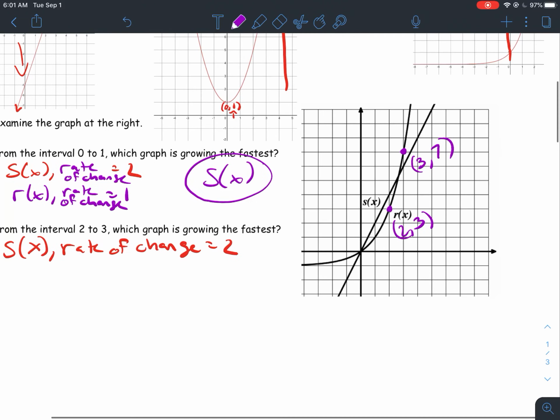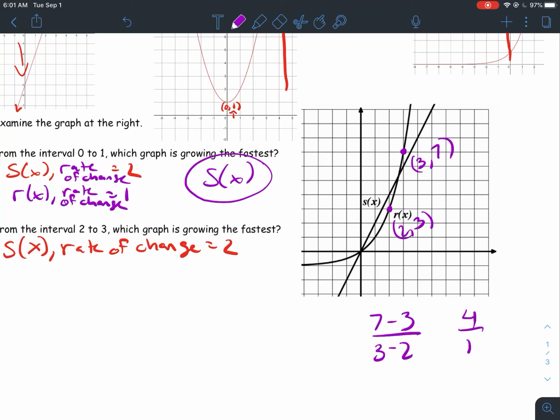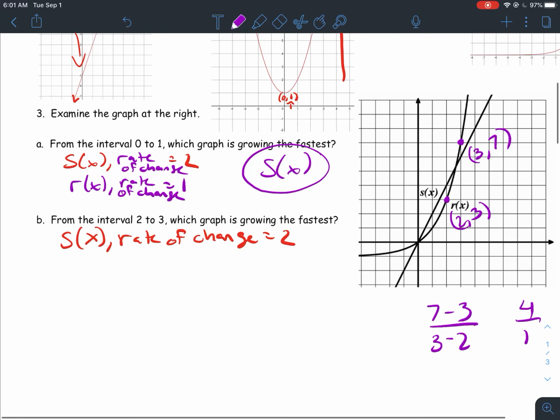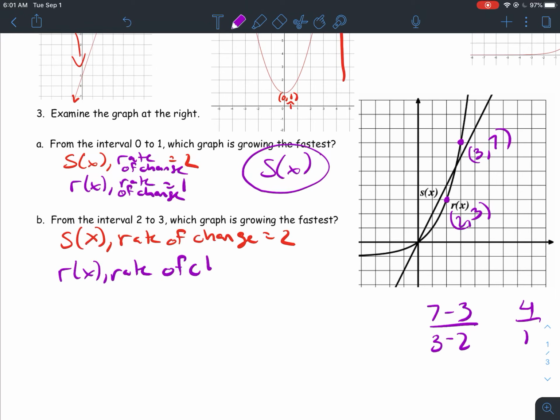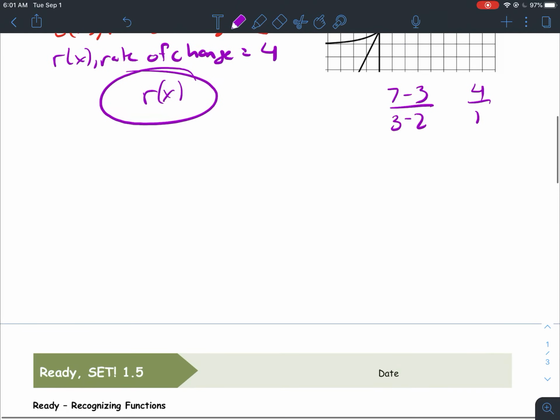So now we can find the slope here. So we're going to do 7 minus 3 over 3 minus 2. We get 4 over 1. All right. And with that, we get a slope of 4. So on this interval, r of x is changing the fastest because it has the largest rate of change.